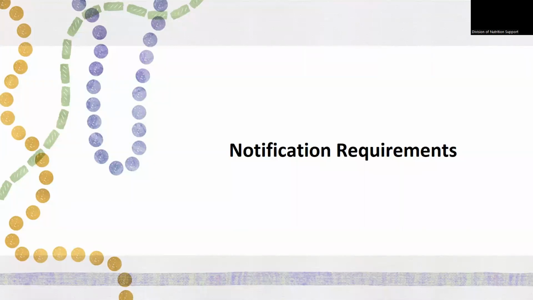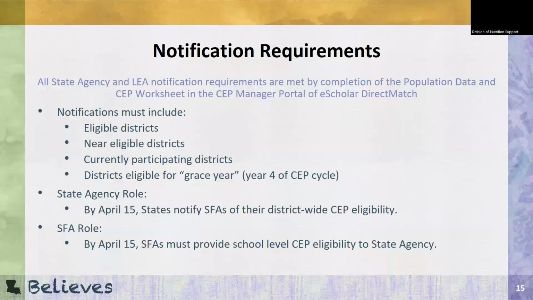Now we will discuss notification requirements. Each year, state agencies must notify LEAs of their district-wide eligibility for CEP and provide the procedures for interested and eligible LEAs to participate by April 15th.